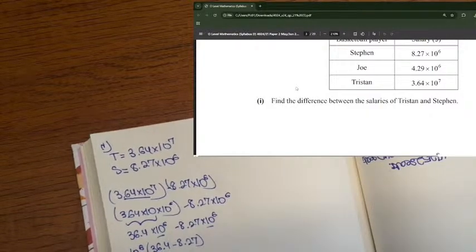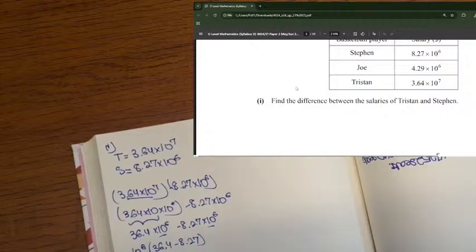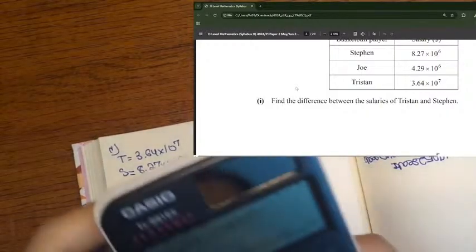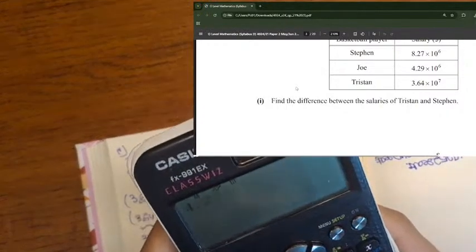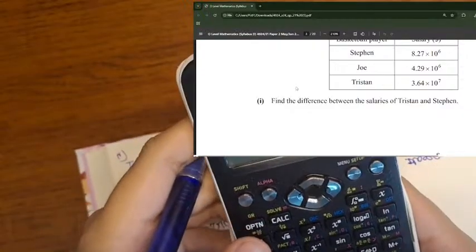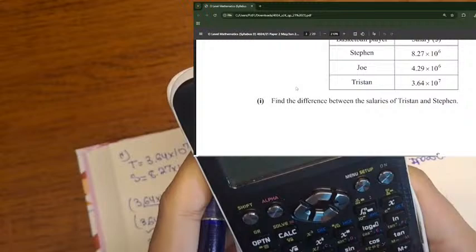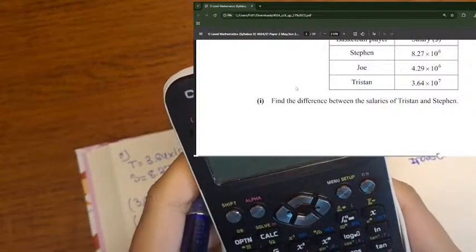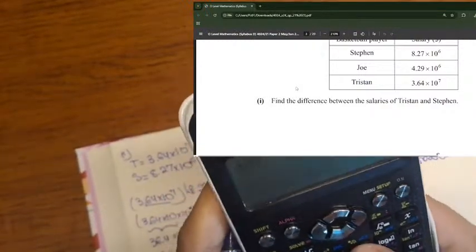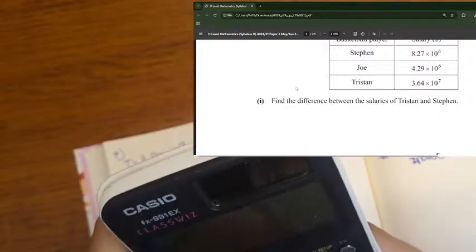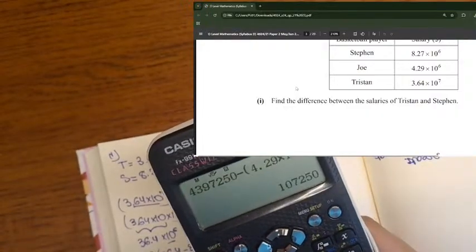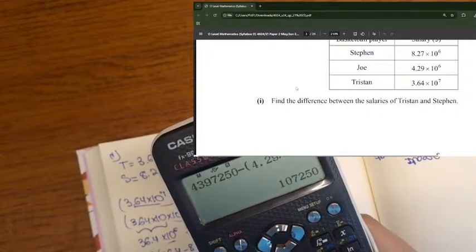The salary of Joe is 4.29 times 10 to the power 6. So let's just subtract that. 4,397,250 minus 4.29 times 10 to the power 6. Now, this is about 107,250, and that is the value of X.